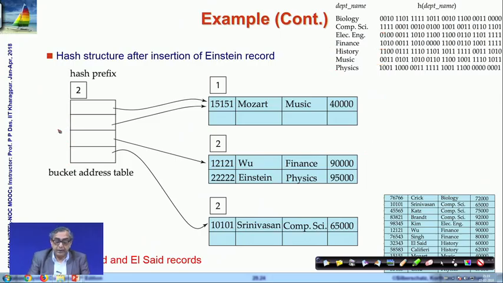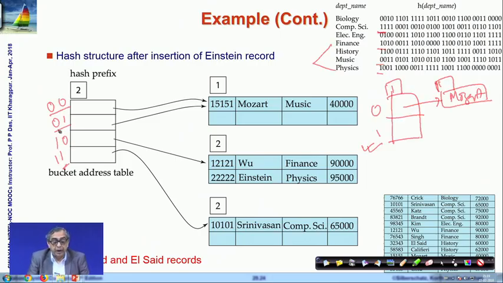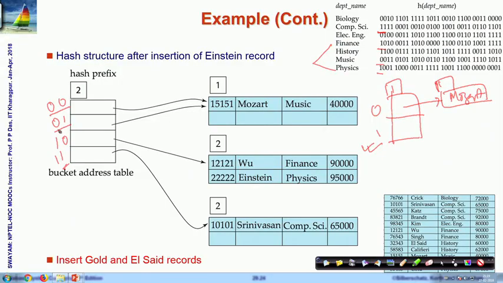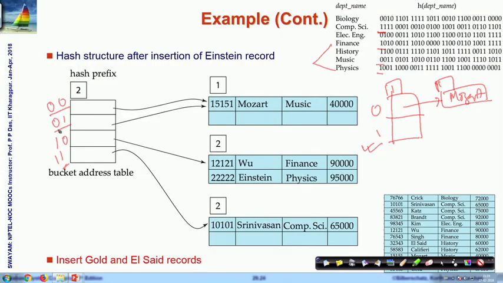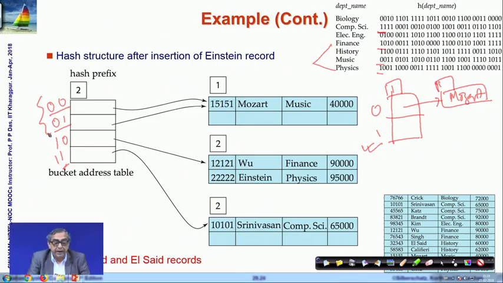So, you would have expected to have another bucket here which 0 1 is. But then you observe that actually that would be quite wasteful to do, because you do not actually have a record which has a prefix 0 1. Out of these two, we are looking at 2 prefixes, but you do not really right now need to look at both the prefixes. You can still resolve just based on the first prefix 1.